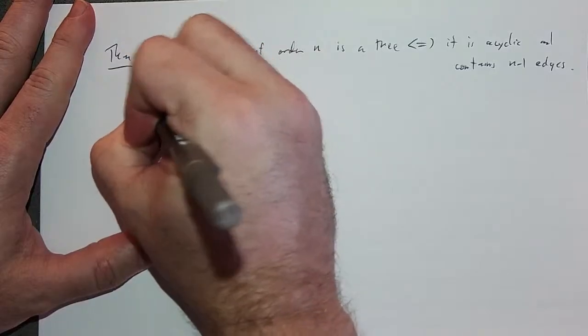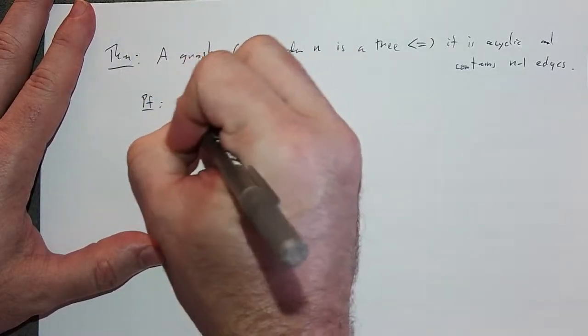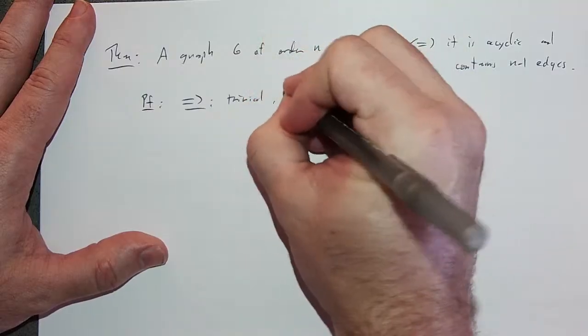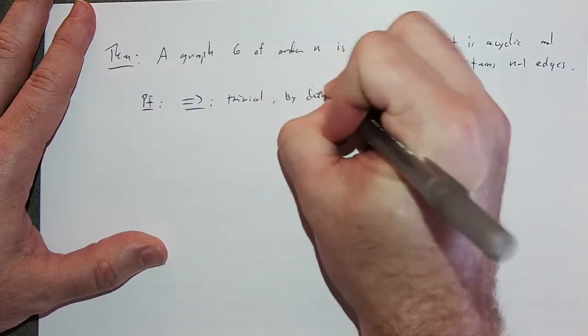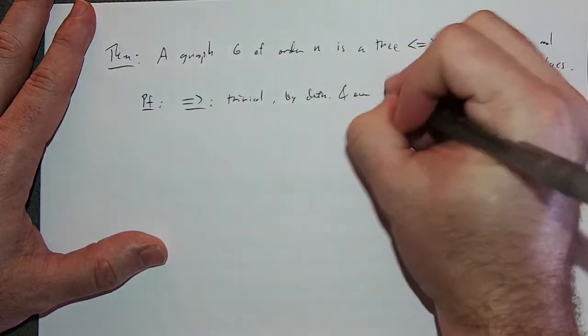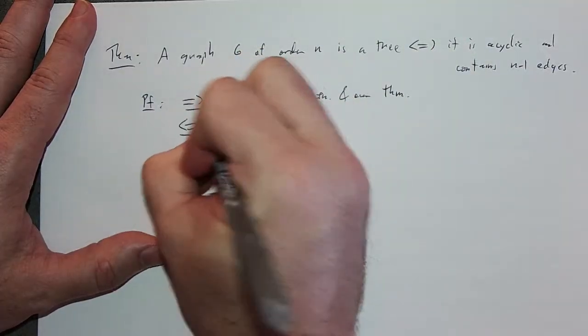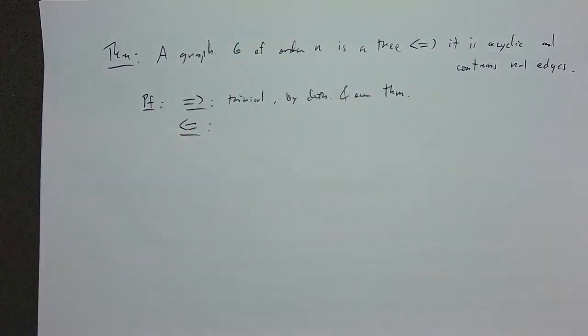So now I'm throwing out connectivity. Again, the forward direction is trivial by definition and our theorem. So the backward direction is what matters here. Now we don't have connectivity and n minus 1 edges. We have being acyclic and n minus 1 edges.